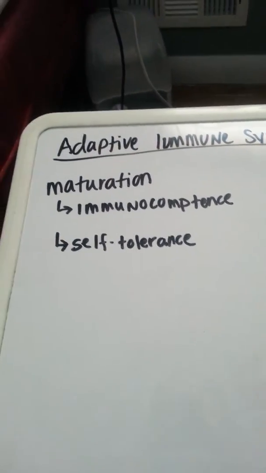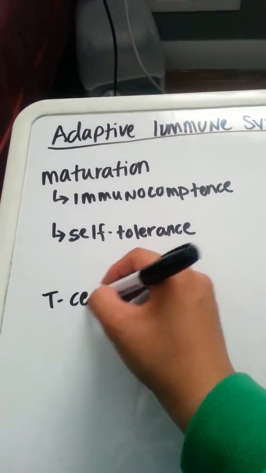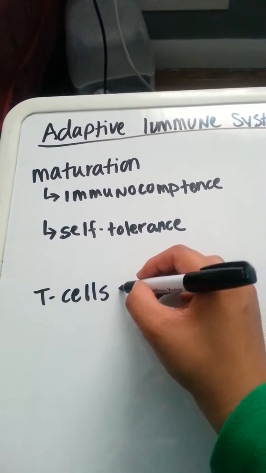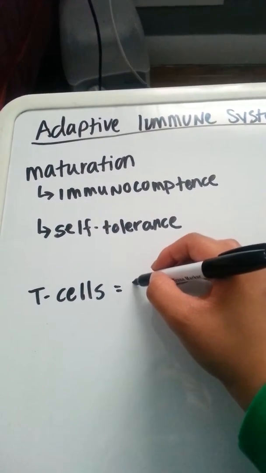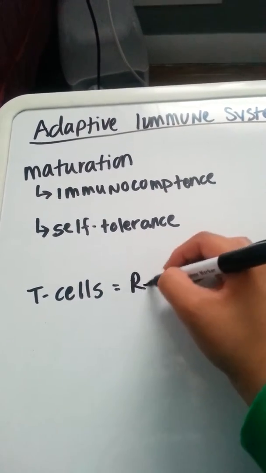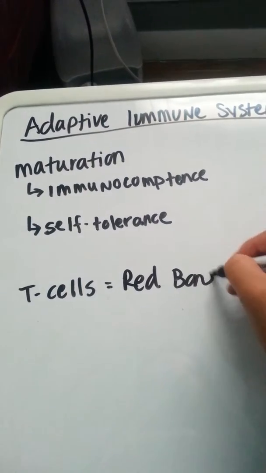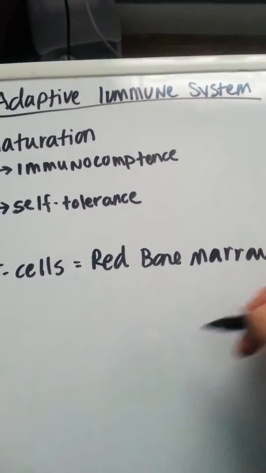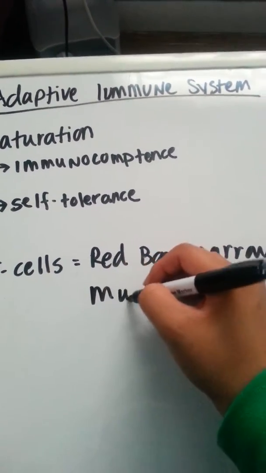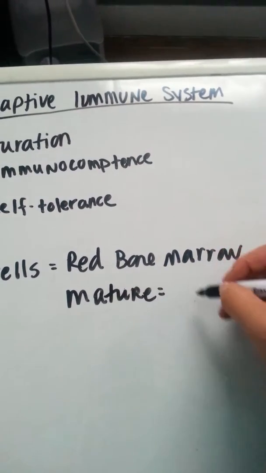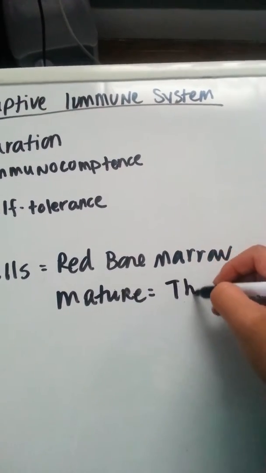Now, T cells originate from the red bone marrow. However, they mature in the thymus.